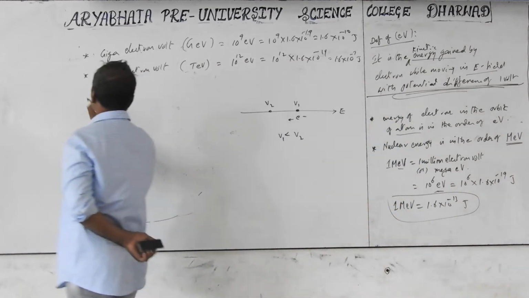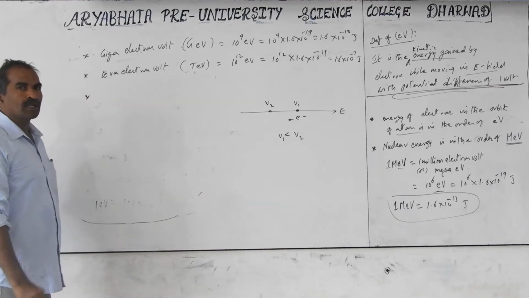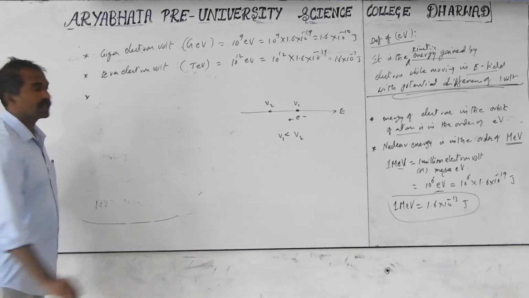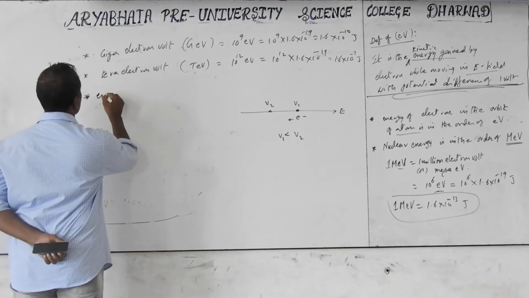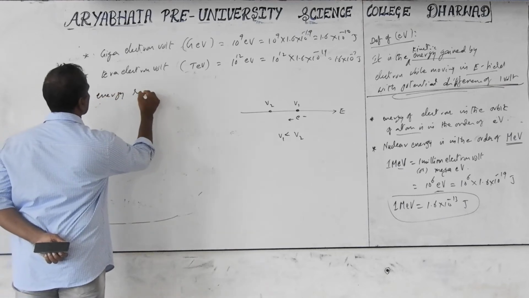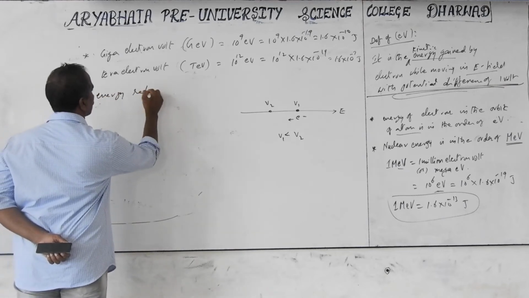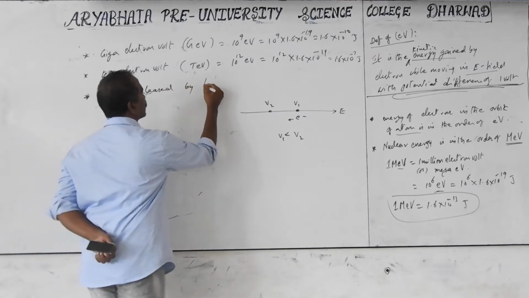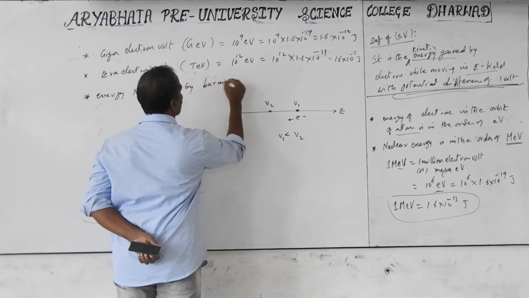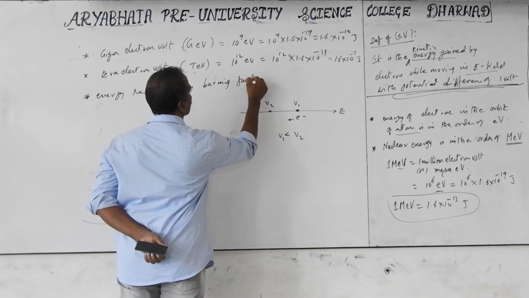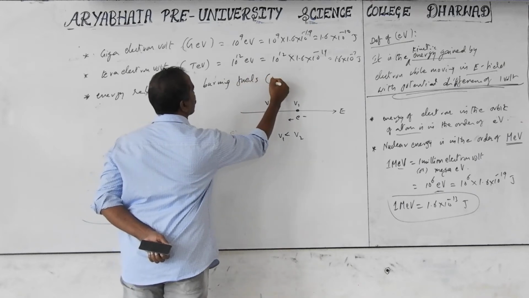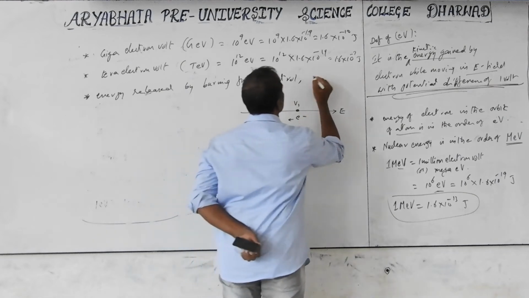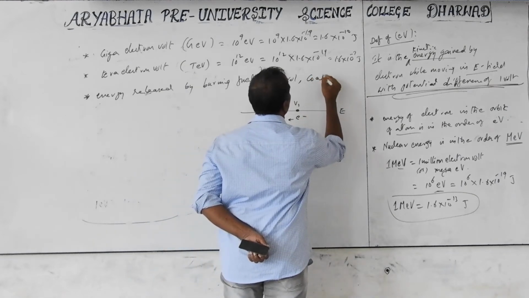Next is fuels, like coal. Burning of coal or petrol, you will get energy in the order of kilo electron volts. Energy released by burning fuels, petrol, diesel, and coal.